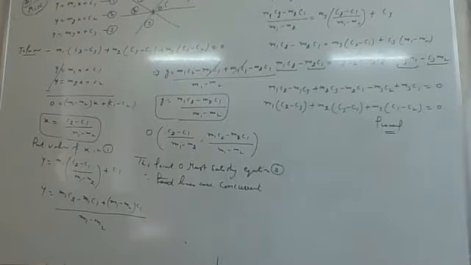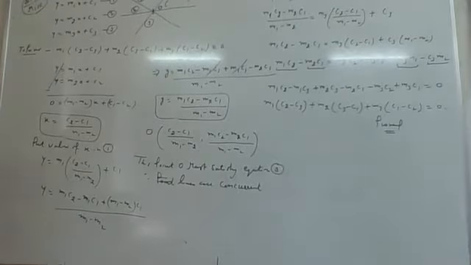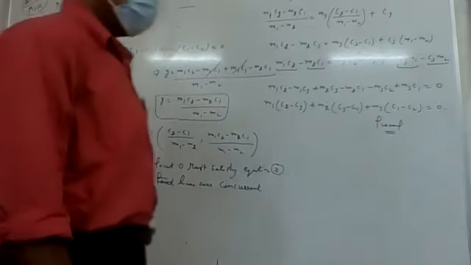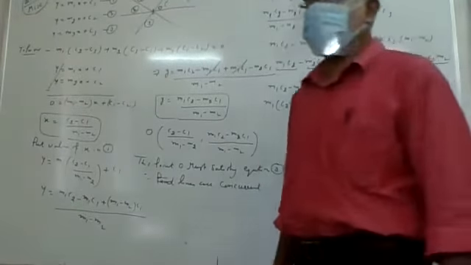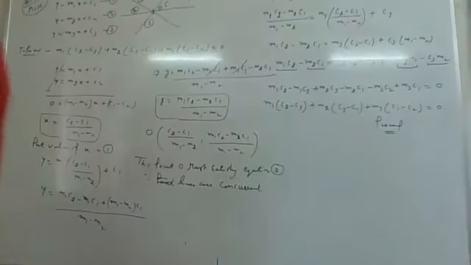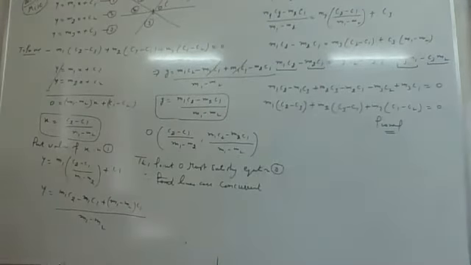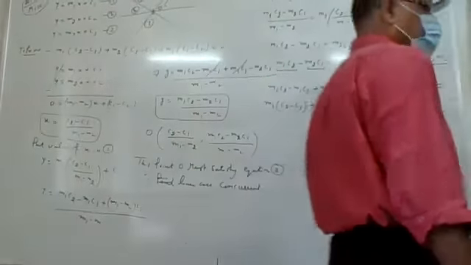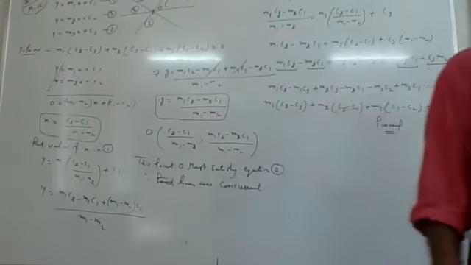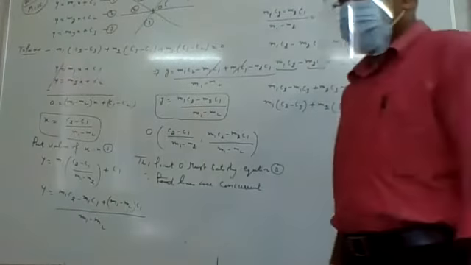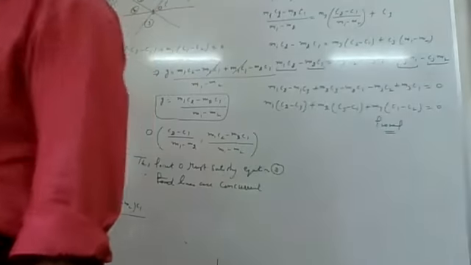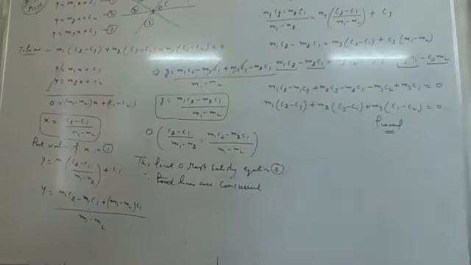So simple concept, you can solve the questions only if the concept is clear in your mind, if the path is clear in your mind. When it is given that the lines are concurrent, immediately it came to my mind that I will solve for the coordinates using equation 1 and equation 2.